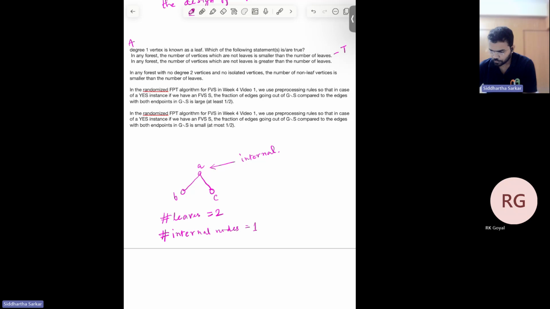So it looks true. But what is a forest? A forest is just an acyclic graph, so that there are no cycles. So how about this graph? Is this a forest?